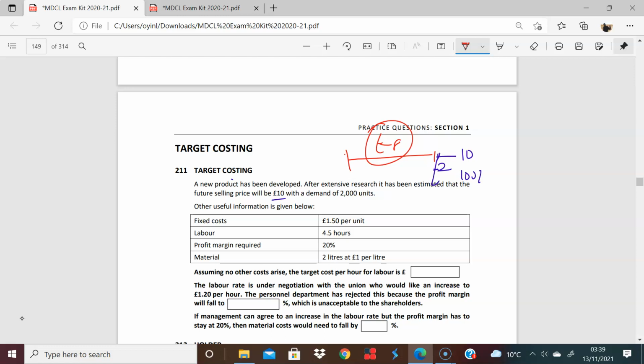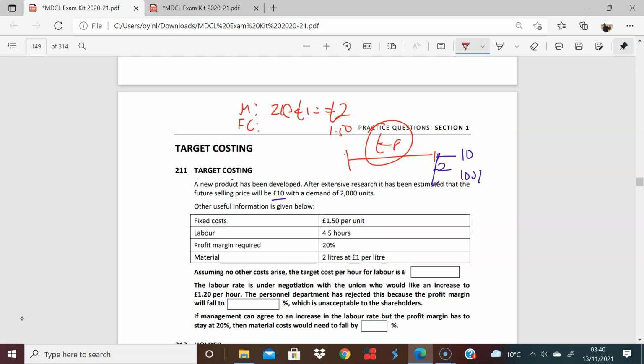Right. So given this, it says assuming no other costs arise, the target cost for labor. First of all, they're telling you, listen, materials: you need 2 liters at £1 a liter, and that's £2, no problem. And they're telling you that you have this fixed cost. We've calculated that for you at £1.50, right?